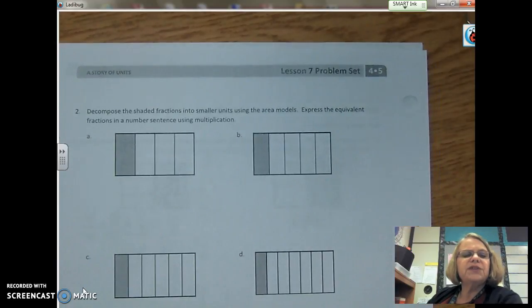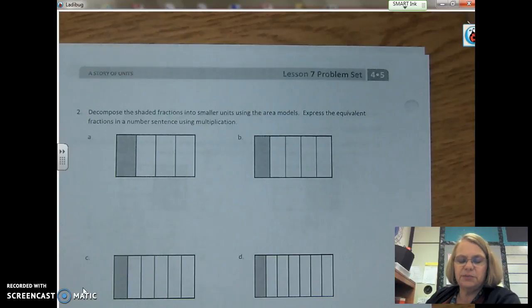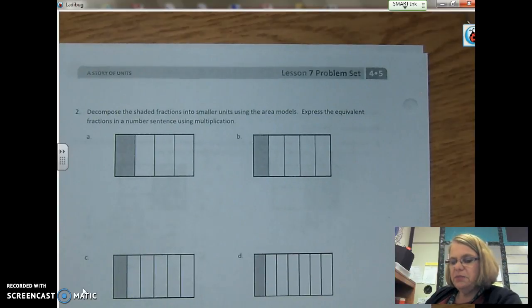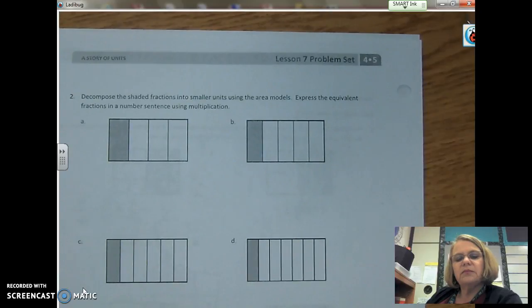So number 2 says decompose the shaded fractions into smaller units using area models. Express the equivalent fractions in a number sentence. These can be different. I'm going to do them differently.